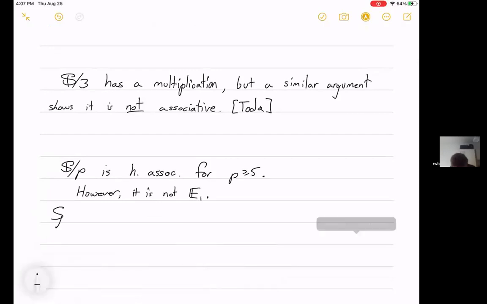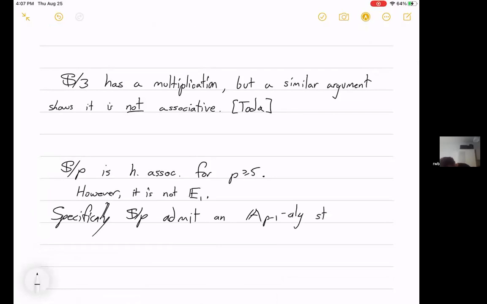And so specifically, S mod p admits an A_{p-1} algebra structure, but not any A_p algebra structure.